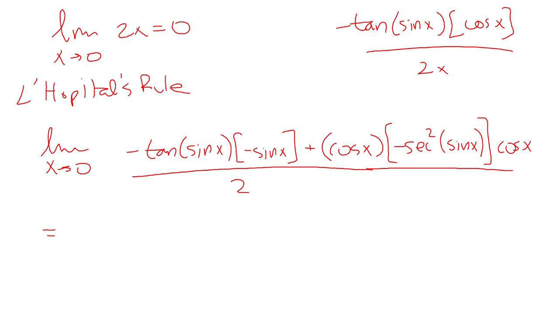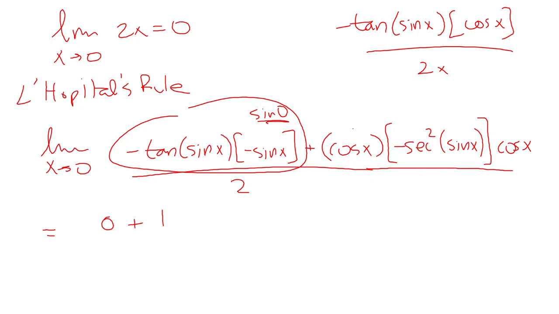The sine of 0 right here is just going to be 0. So all of this is just going to end up being 0. And then over here, the cosine of 0 is 1, right? So that's going to be 1. And then the sine of 0 here is going to be 0. So we want the negative secant squared of 0 times the cosine of 0.